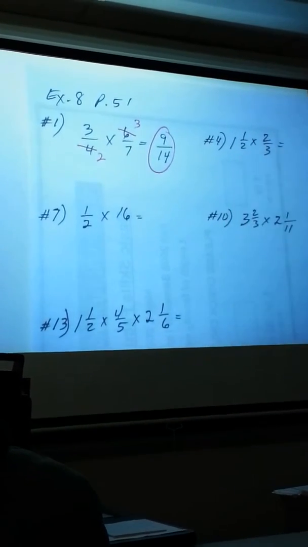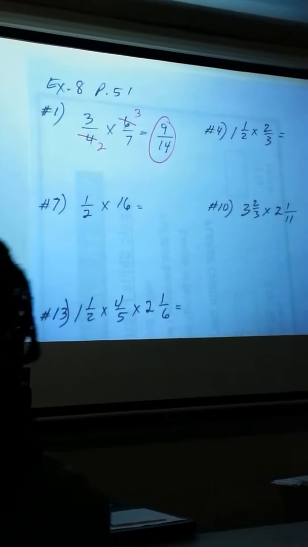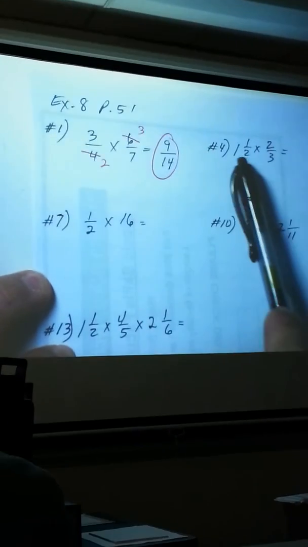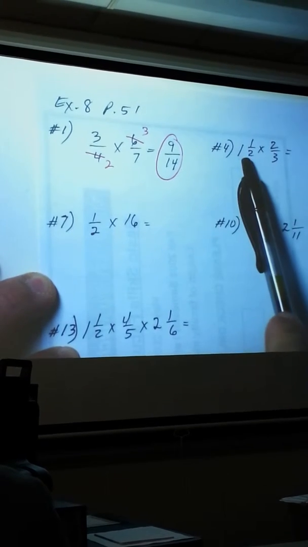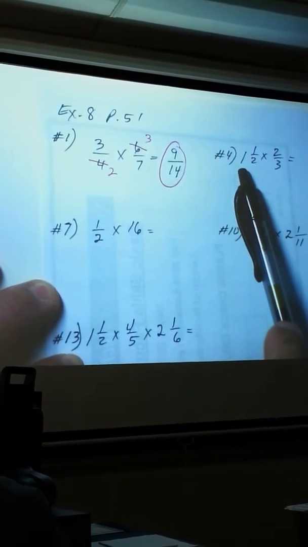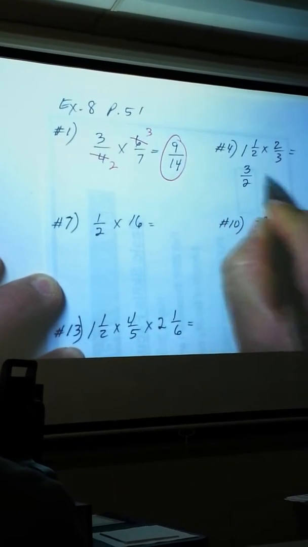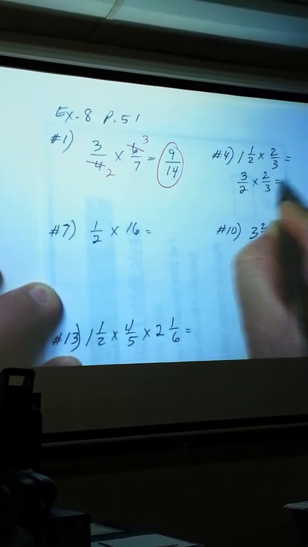Now look at the next problem. Rule number 1 says change every mixed number to an improper fraction. I see one mixed number here, so I'm going to change this to an improper fraction. 2 times 1 is 2, plus 1 is 3. So 3 over 2 times, that one stays the same, 2 over 3.